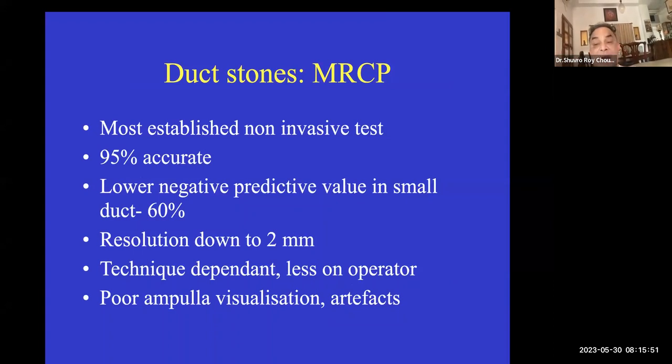It is a little bit artifact prone, so sometimes movement will cause a problem, and I'll show you some artifact. But resolution can be down to 2 millimeters, and this is the problem. Maybe in today's age, this is an old slide. In today's age, you can say that the resolution is down to 1 millimeter, but you will still potentially miss what we call a bile duct grit, which can cause pancreatitis.